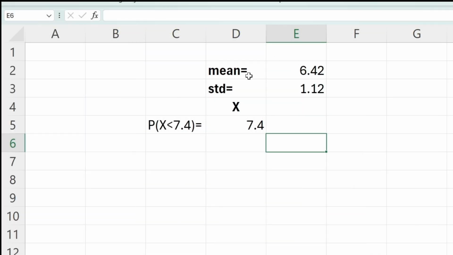As per the question, the mean is equal to 6.42 and the standard deviation is equal to 1.12. So we need to find the probability when x is less than 7.4. I have stored this value in a separate cell, so I can directly use this cell to find the normal distribution corresponding to this number.